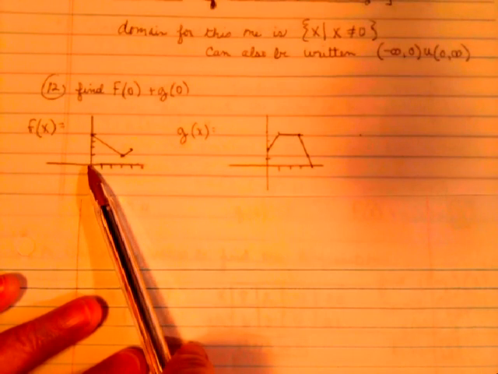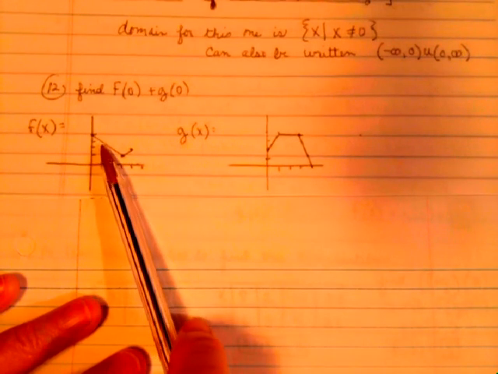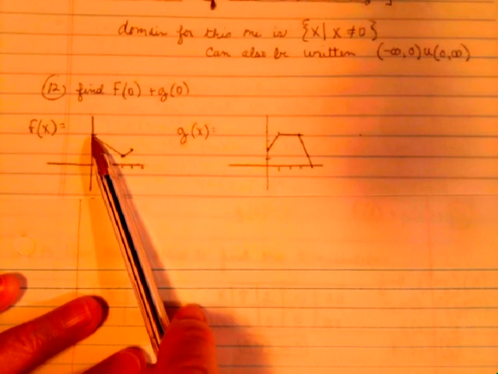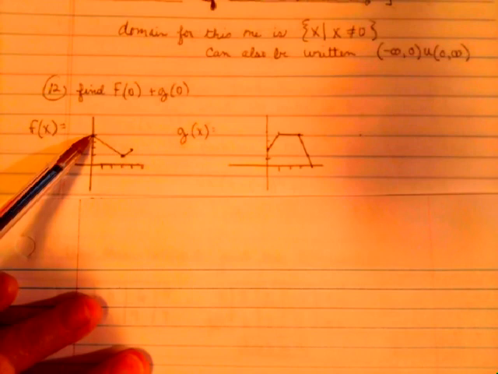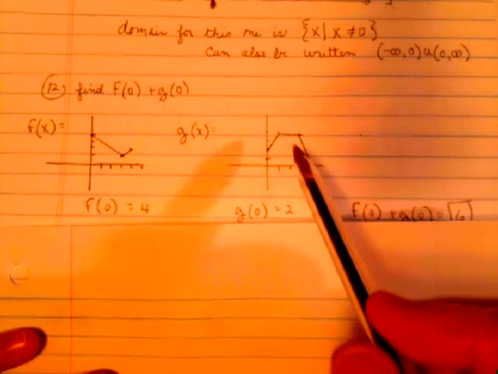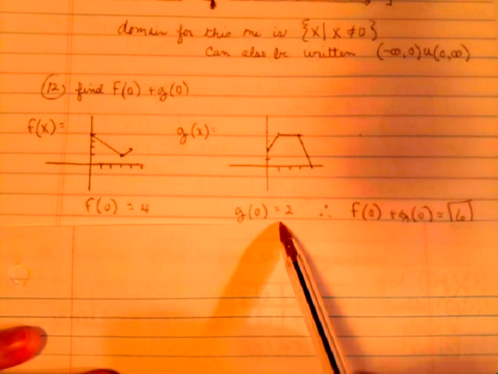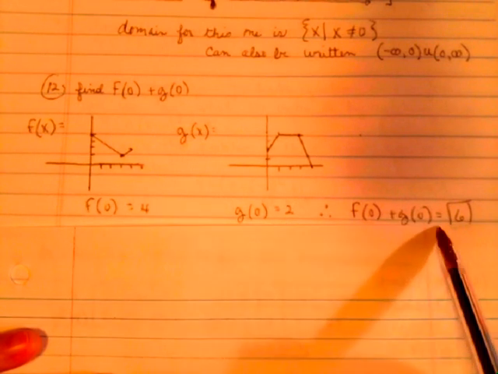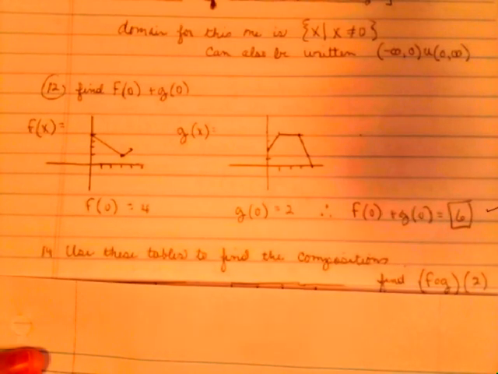Right here, x is 0. f of 0 is found by going up or down until I'm on the line that represents this function. So f of 0 is, what is y right here? y is 4. g of 0, I do the same thing. g of 0 is 2. Therefore, when you add those two together, f of 0 plus g of 0 is 6.